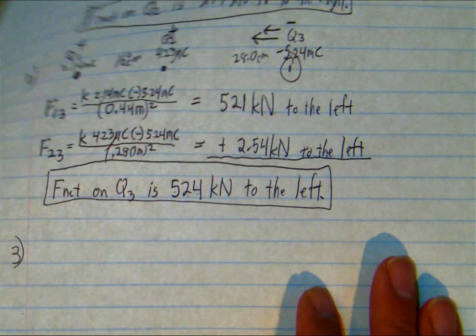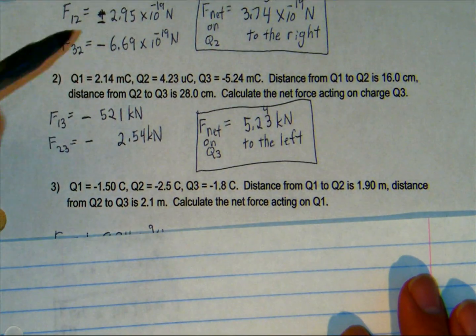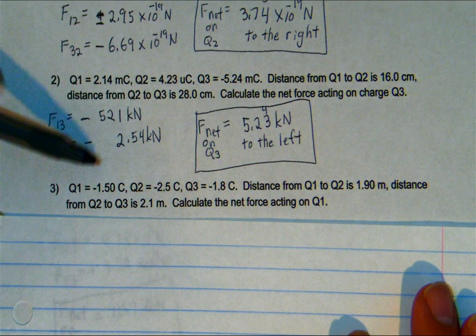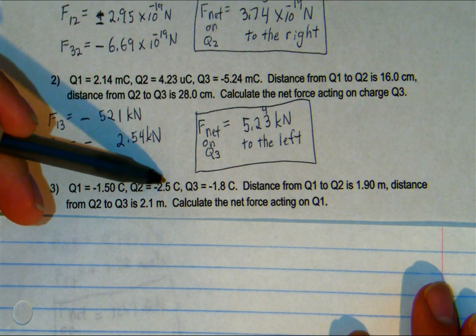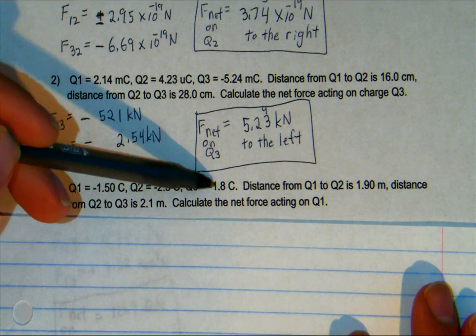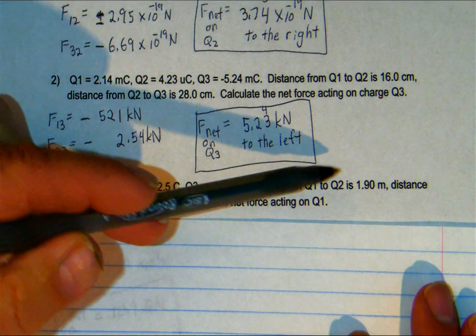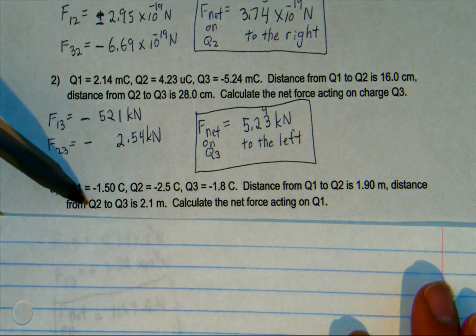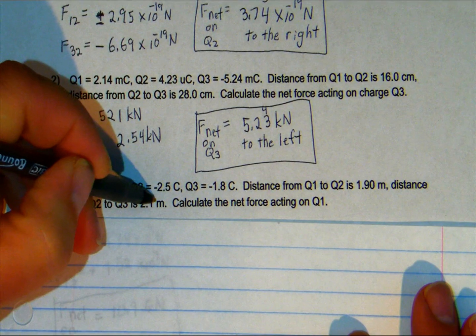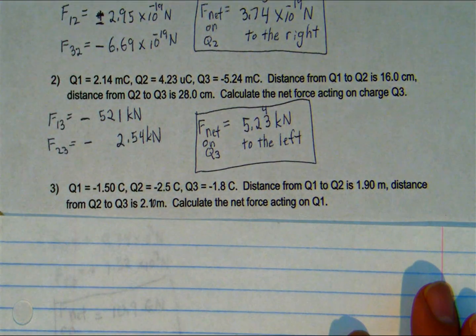Q1 is, well, you can kind of read it yourself. Q1 is negative 1.5 coulombs, Q2 is negative 2.5 coulombs, Q3 is negative 1.8 coulombs, distance from 1 to 2 is 1.9 meters, from 2 to 3 is 2.1, that should have been with 3 sig figs, 2.10 meters.